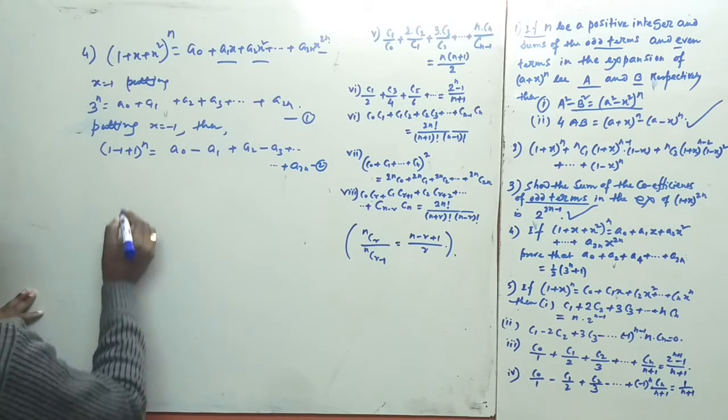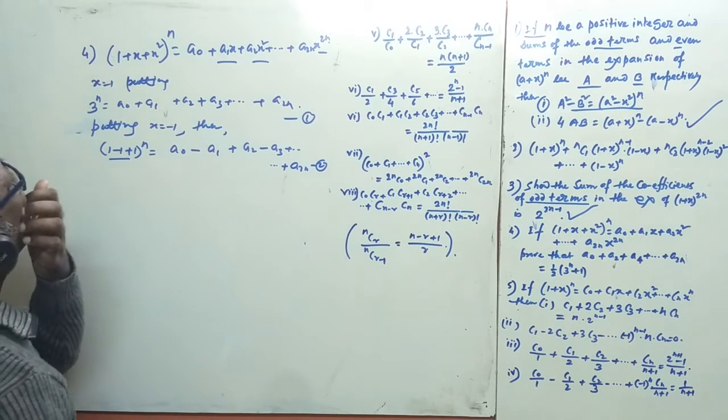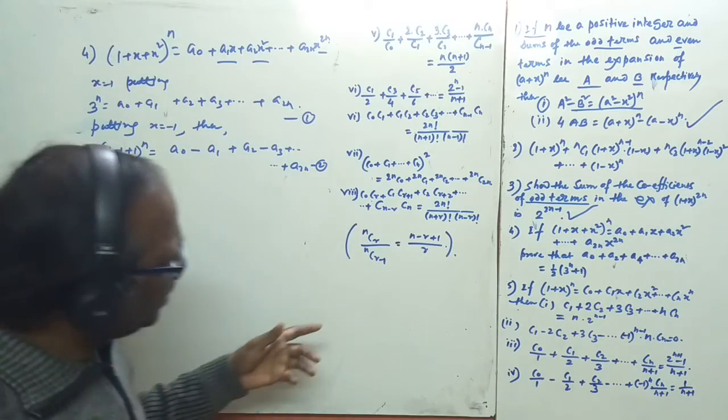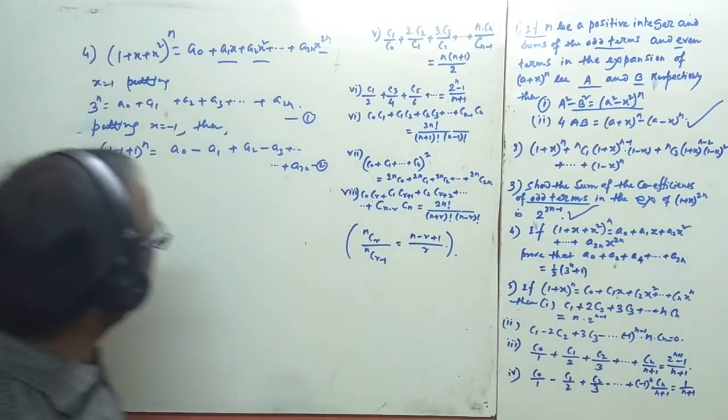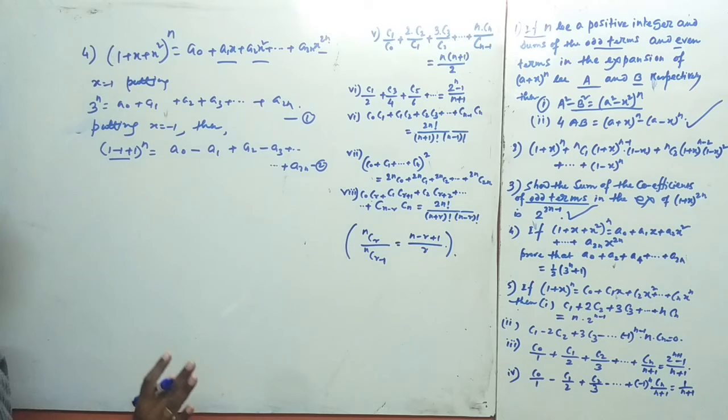Now this value is 1 here, and we have to find what? a0, a2. If we add these, a0, a2 are left here.